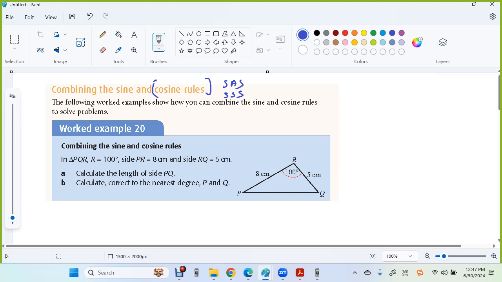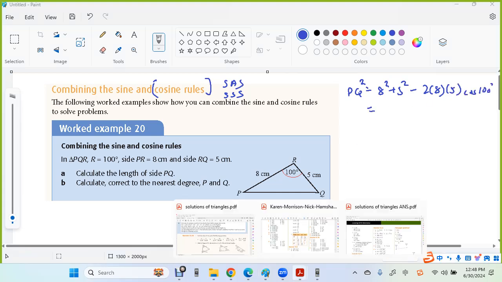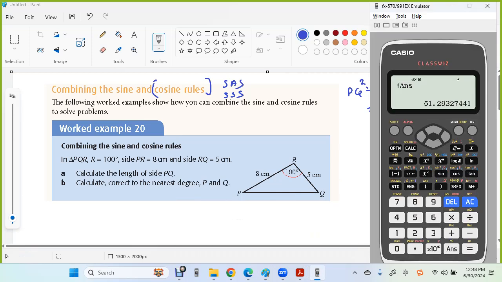PQ square equals 8 square plus 5 square minus 2 times 8 times 5 cos 100.